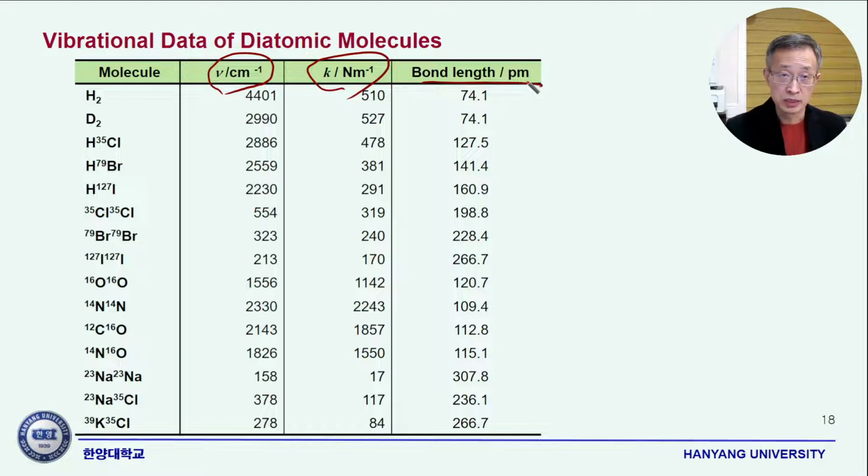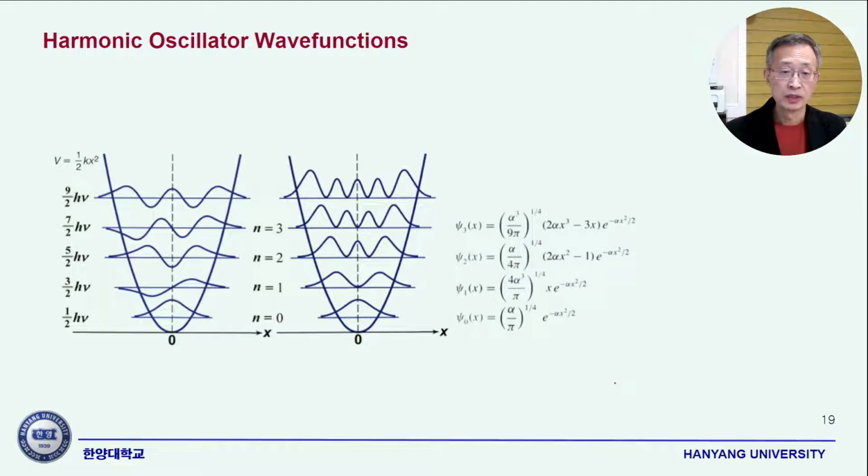In case we need to calculate the vibrational partition function of some molecule, for example H35Cl or oxygen, we can utilize these numbers. Basically, we use this frequency so that we can compute the energy.